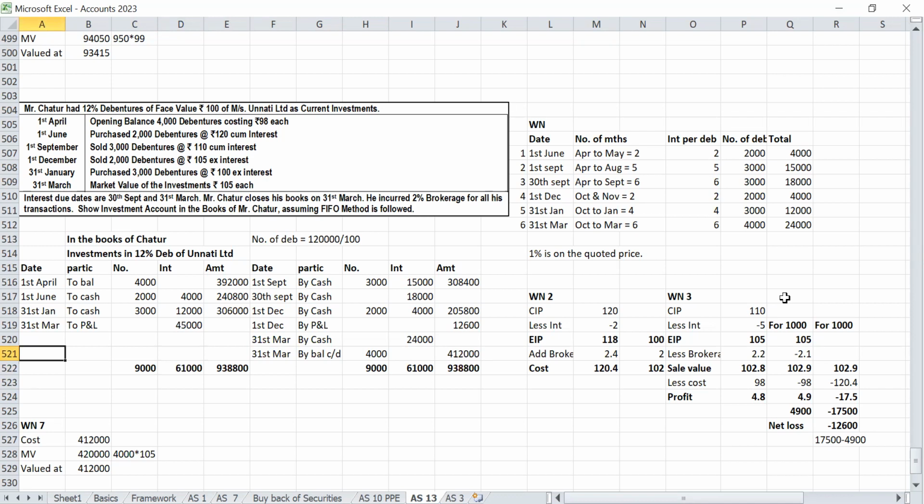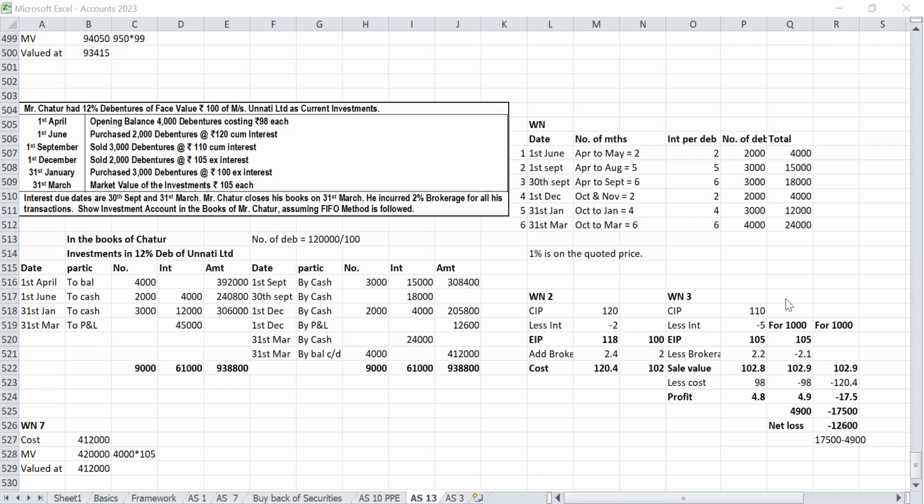Finished? Yes, sir. Now shares we have computed, shares we finished, and debentures also finished. Correct? But combined, shares as well as debentures, both we are having.